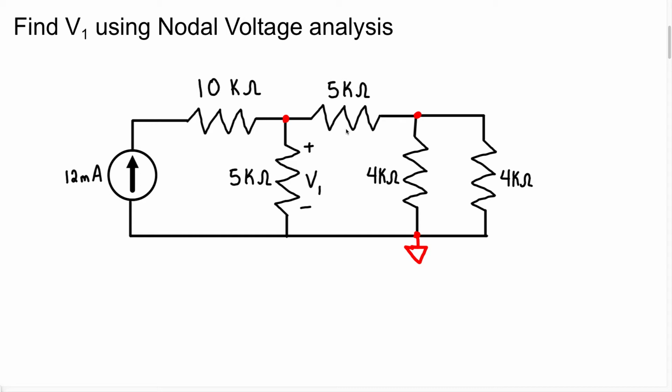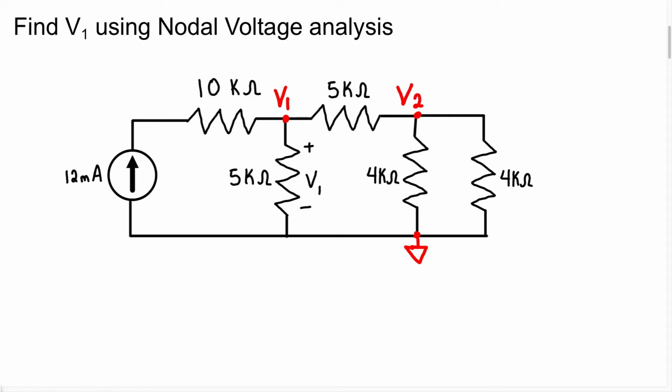So we can label these nodes. I'm just going to label it as 1 and 2. Now because we're finding the node voltage, I think it's only fitting to also put a V with them, so I'm going to label it V1, V2. Okay?